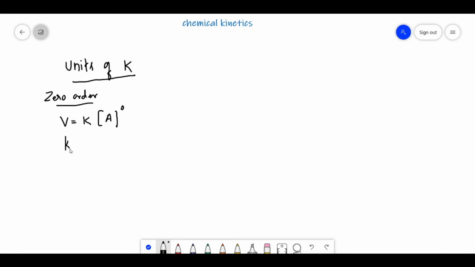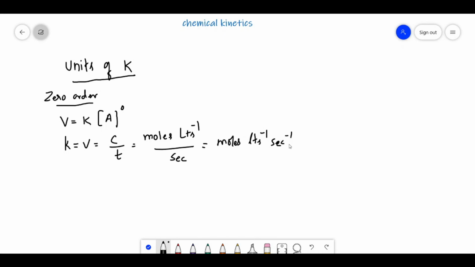So here the k value is equal to V. V is nothing but change in concentration by time. So concentration has units, that is moles per liter, and this is time, which is nothing but seconds. So you can take these units as moles liter inverse second inverse.